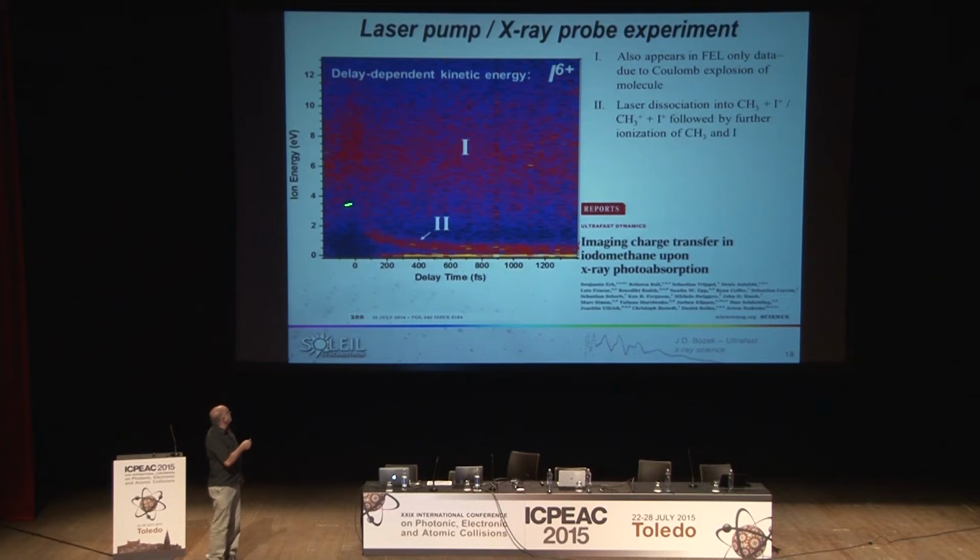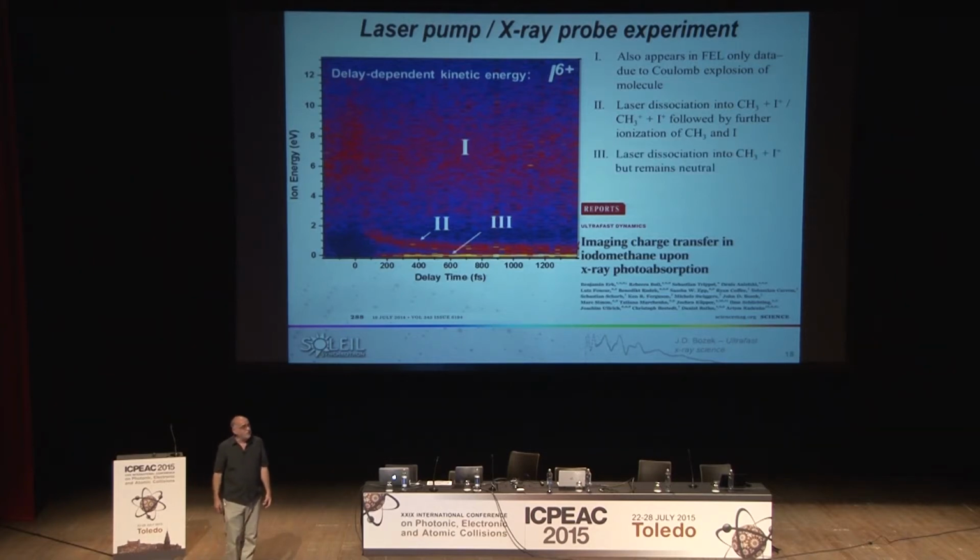This other region here is a time-dependent curve that goes down from short times with high kinetic energy down to some asymptotic level at high delay times. You can see it's a time-dependent phenomenon that's obviously related to some sort of Coulomb repulsion, where you initially separate the iodine and the methyl group with the laser and then come in later with the FEL pulse and charge up both the methyl group and the iodine, and depending on how far apart they are, they experience a Coulomb repulsion.